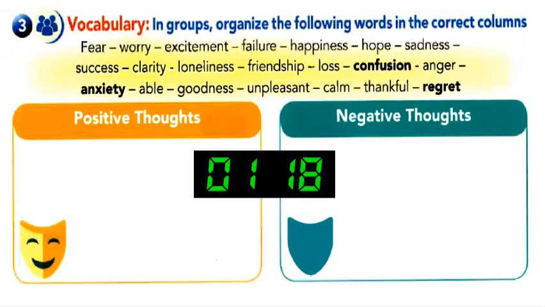We have two columns, positive thoughts and negative thoughts. We should understand the meaning of each word and put it in the right column. Now read, think, take your time and find the correct answer.